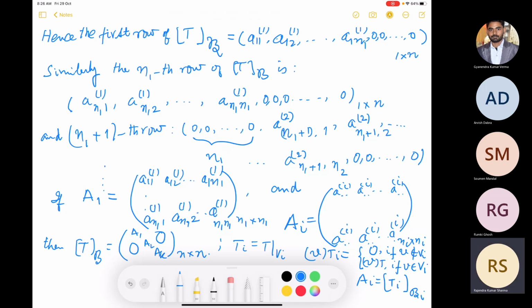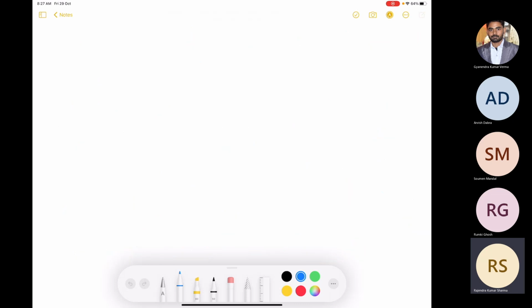Because what we know is that this is a block diagonal matrix, T_B, but not much about the A_i's. So now we want to see, can the A_i's be of very specific nature? And indeed that is the case. So for this, let us see what we can do.